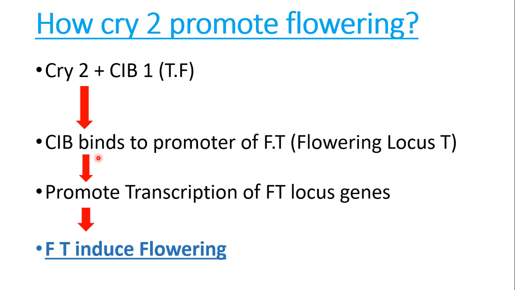So the binding of CIB1 to FT will promote transcription of FT locus genes and FT will induce flowering. The detailed mechanism of flowering you will learn in another chapter; we will discuss it in another video. For now, just simply understand this.